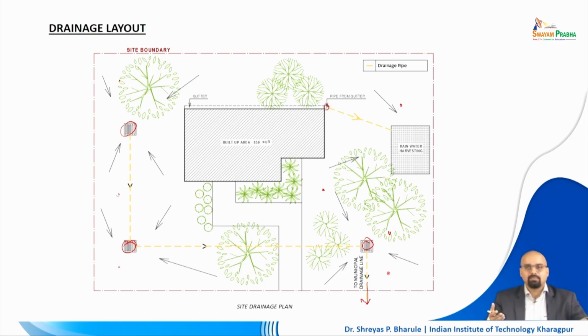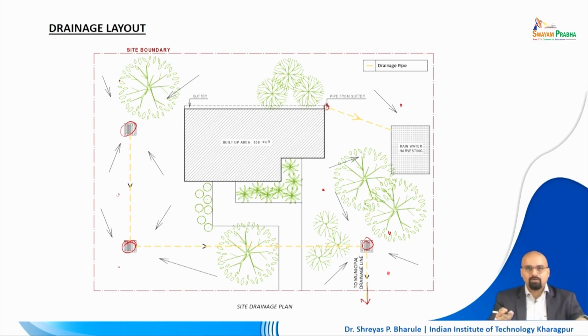In the example I was telling you earlier, when you connect your surface drain gutter directly to your rainwater harvesting, you let the suspended particles settle down. Once the water clears, then you can use it for gardening. My whole idea was that you do this only when you have solid pavement or paver blocks laid out in your site.